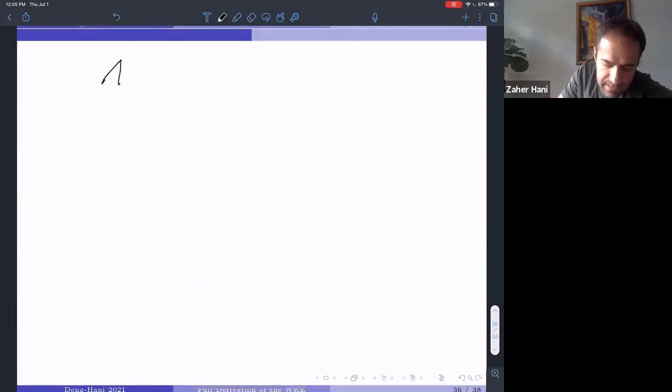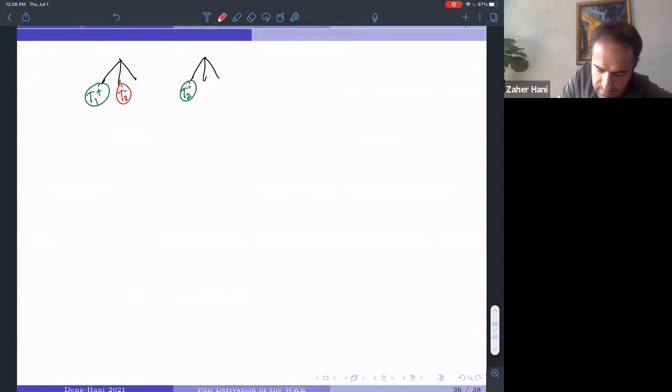The first way is that it could be of this form. So this is T1 plus, T1 minus, T2 plus, T2 minus, and maybe I'll use a different color, and then a T3 plus, T3 minus. So these are the roots.